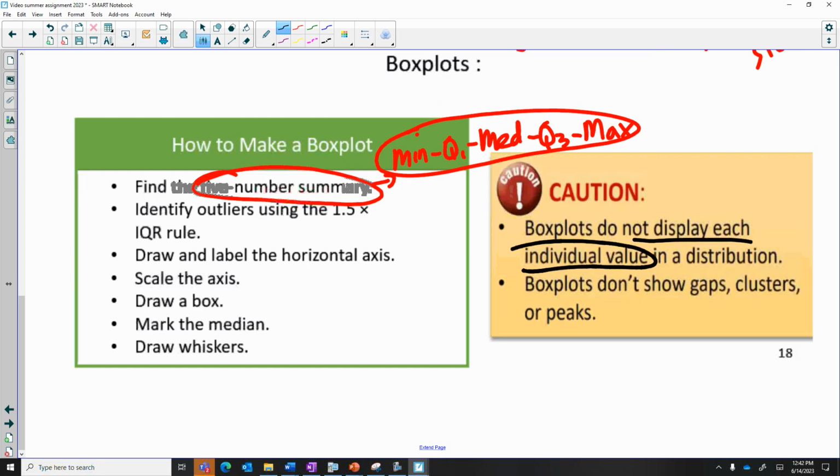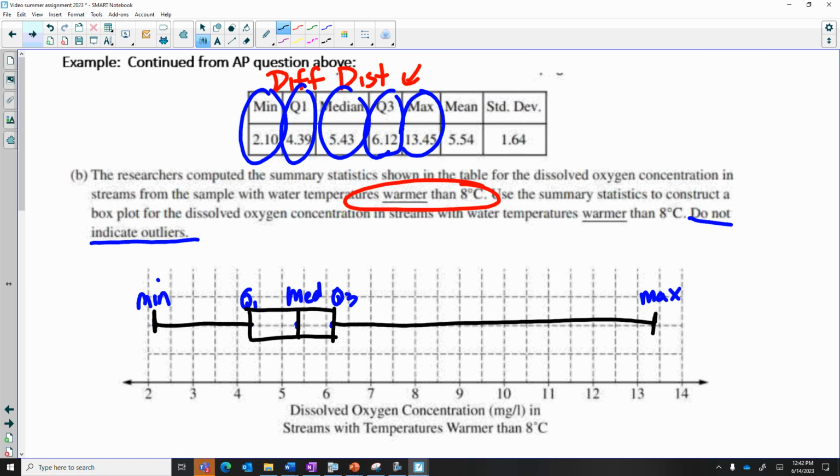So it doesn't show the gaps, the clusters, or any of that. Those pieces of the shape that we would see in the histogram, the dot plot, or the stem and leaf. So keep that in mind. But that was your regular box plot, one that does not include outliers. Okay, so that was on the AP.